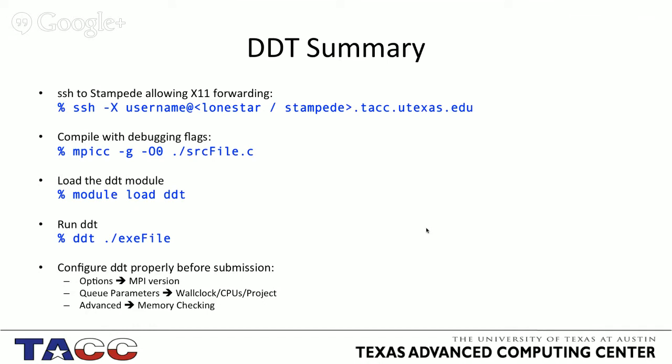So, in summary, this is how you start with DDT. You have to log in with X11. There's a way to do this also through VNC if you've ever used VNC. We have a sample VNC script on Stampede.